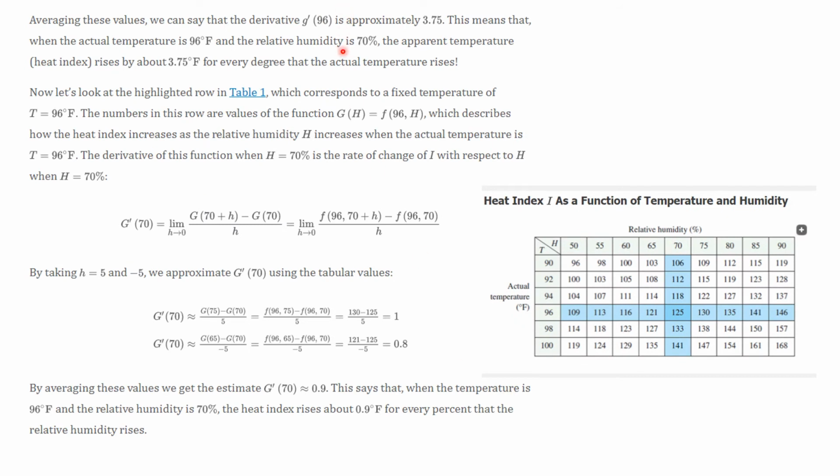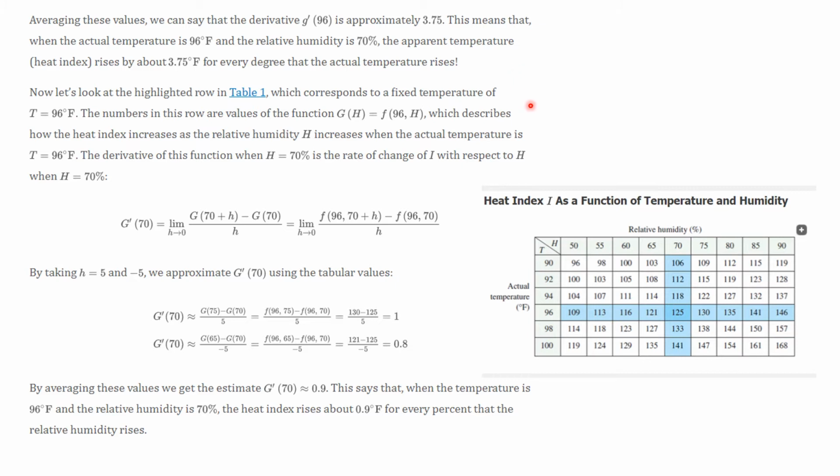Now if we average these two values, we see that G prime of 96 is approximately 3.75. That means that when the actual temperature is 96 degrees and the relative humidity is 70, the apparent temperature, the heat index, rises by about 3.75 degrees Fahrenheit for every degree the actual temperature rises.